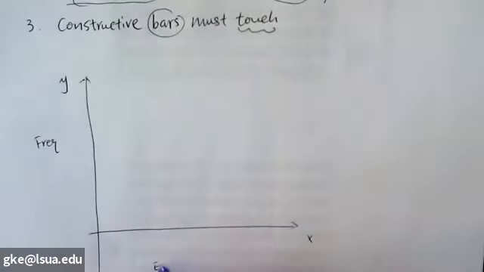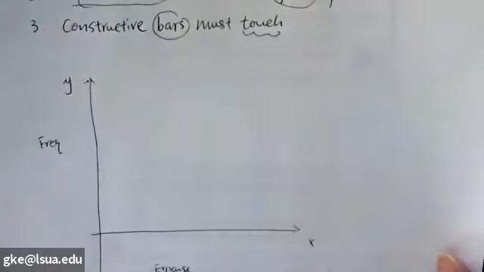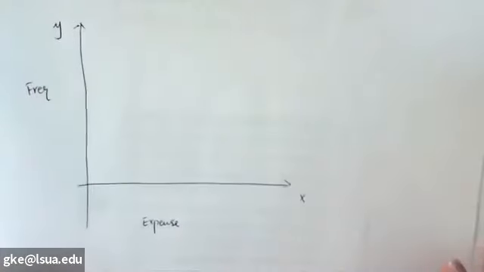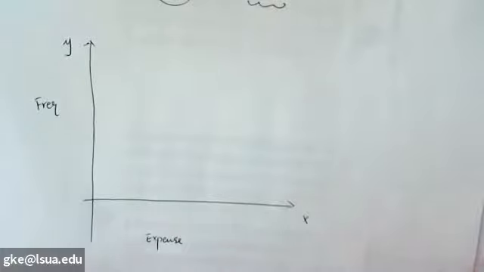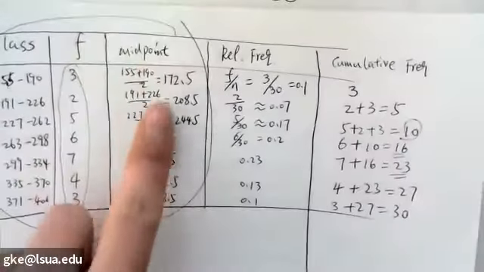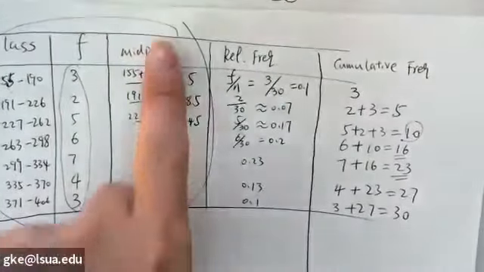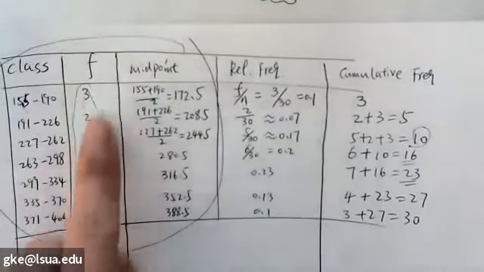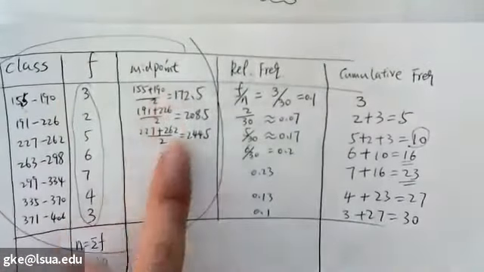For example, here is expense. And of course, we use the middle point to represent the X scale, okay? And the frequency, of course, we define it as frequency, okay?